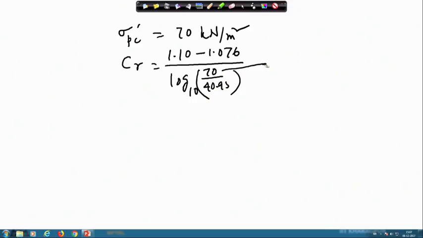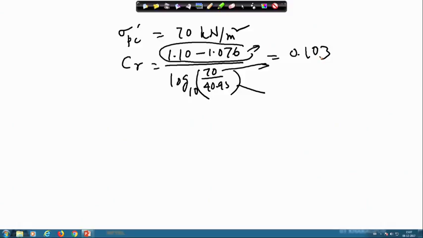At 70 pressure we have this void ratio, and at 40 pressure this is the void ratio. Because of these two pressures the void ratio changes. So, this is delta e divided by log P2 by P1. This gives you CR, which if you calculate comes to 0.103.